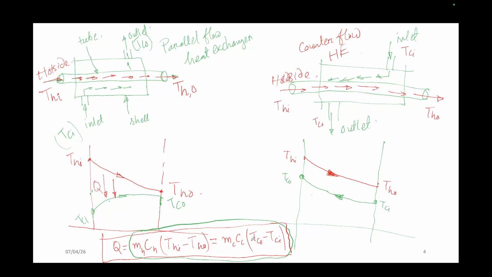In certain cases, this shell can be more, but this is a single pipe. If you put a thermocouple in this single pipe, what will you get? You will get the output temperature, right?